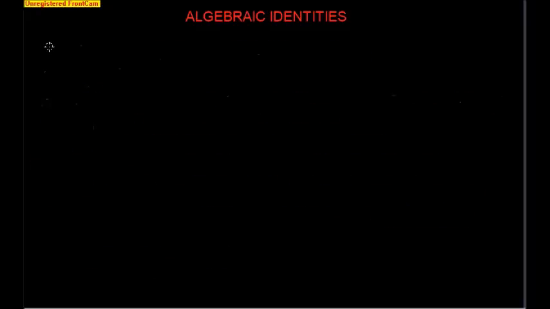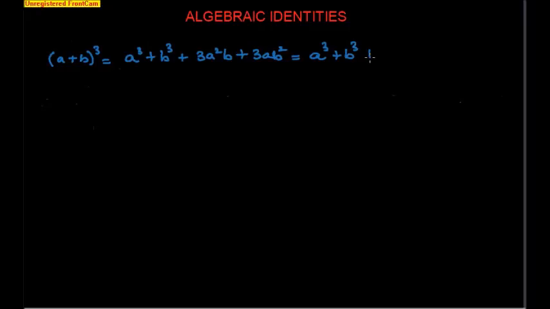Now the identities related to cubes. Let's see. (a + b)³ is equal to a³ + b³ + 3a²b + 3ab². Now this can also be written as a³ + b³ + 3ab(a + b).